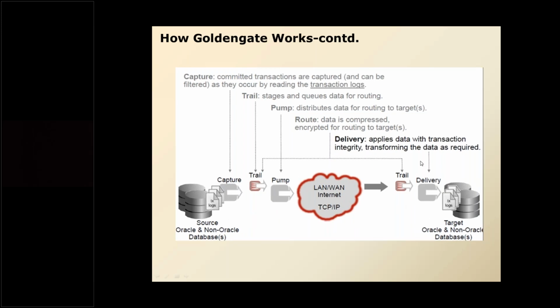Similarly, the replicate process is reading the changes from where? It is reading the changes from the remote trail. Now, who is writing data to the remote trail? It's the pump process. So basically, each process in GoldenGate is dependent on the previous one: the pump is dependent on capture, and the delivery or replicate process is dependent on pump, which in turn is dependent on capture.